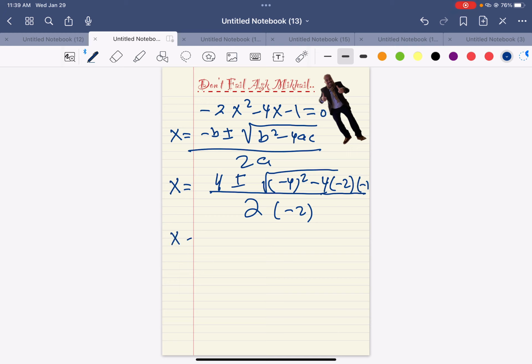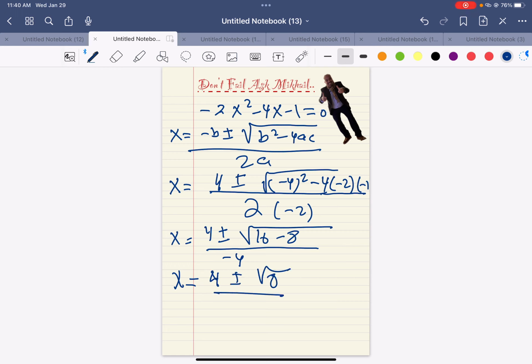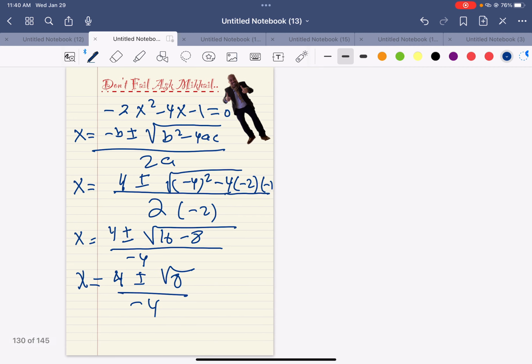Then x will equal 4 plus or minus the square root of 16, minus negative 1 times negative 2, that is 2 times negative 4, which is negative 8, divided by negative 4. Then x will equal 4 plus or minus the square root of 8 divided by negative 4.